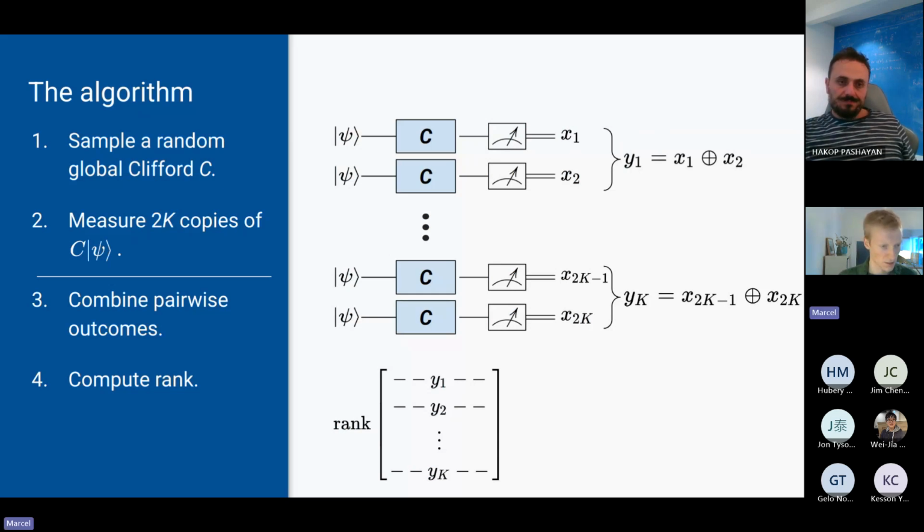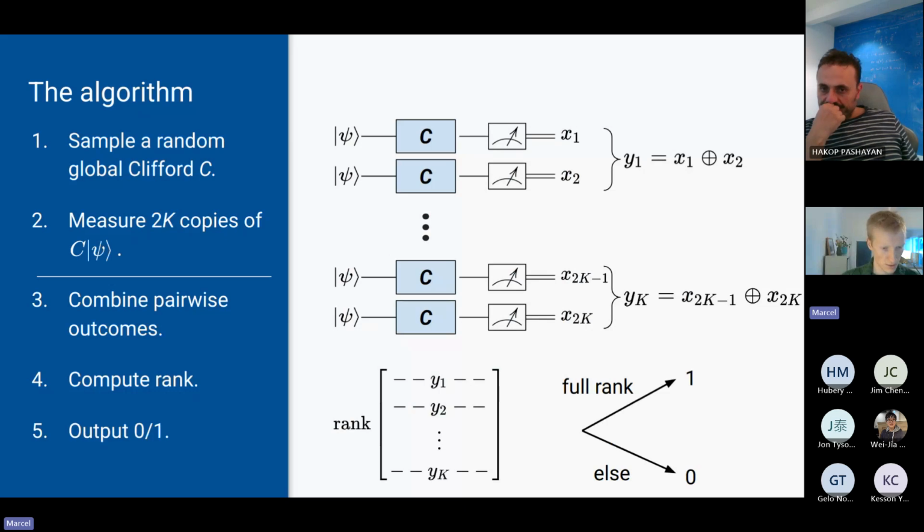Once you've done that on your classical computer, you make a simple case-by-case distinction: if the rank of this matrix came out to be full rank, then you output a 1. If it's not full rank, you output a 0. Okay, now how does this lead to a test? What I showed you now is one round of this algorithm.